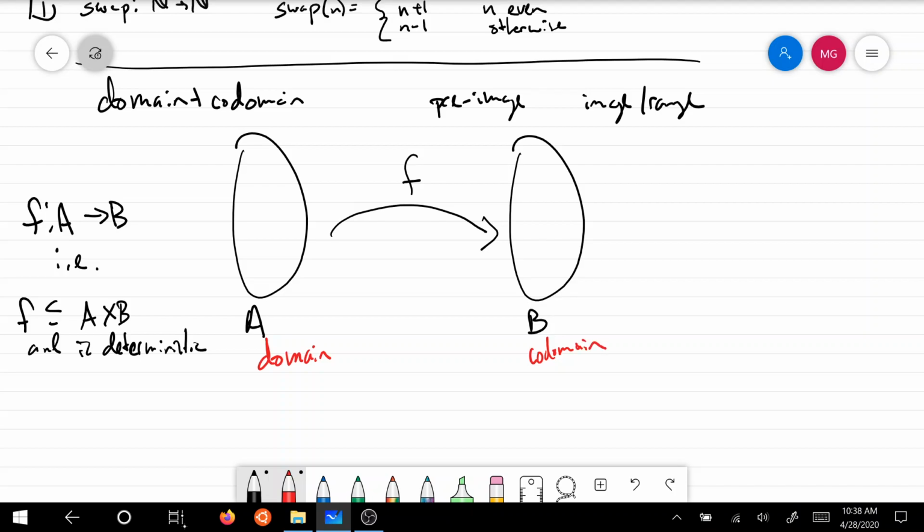People sometimes call the codomain the range. I find this very confusing because I think of that as something else. Inside A, there's a bunch of elements, and f as a function should map each one of these to some element over here.